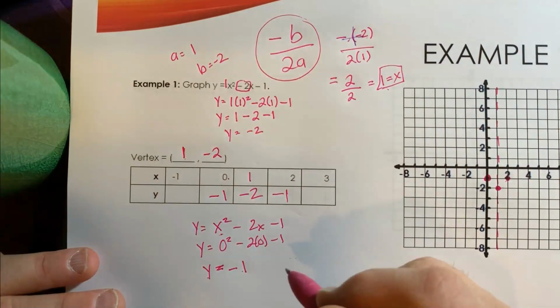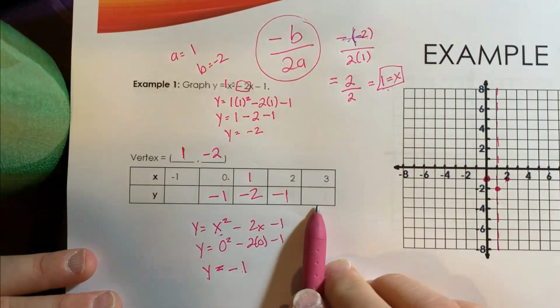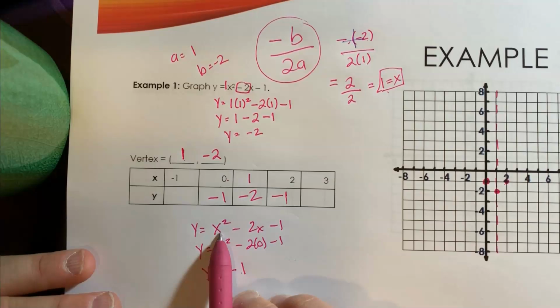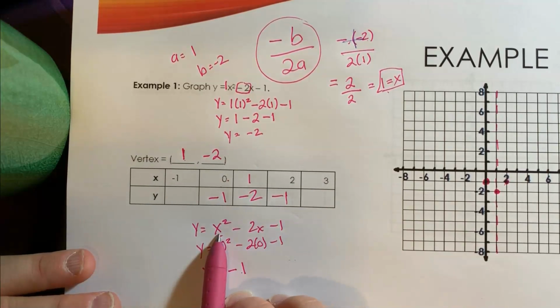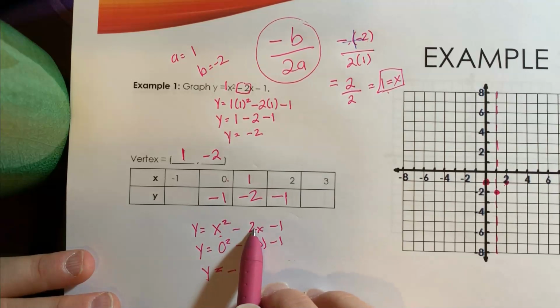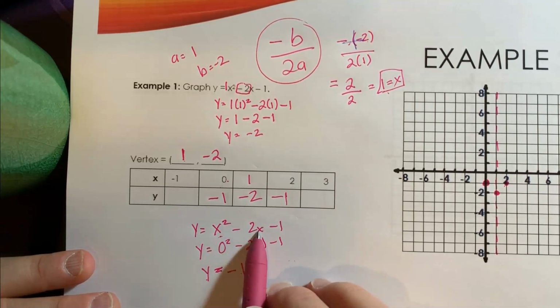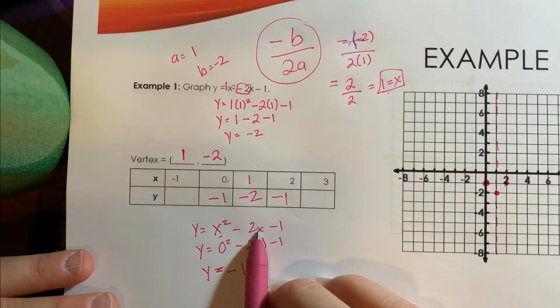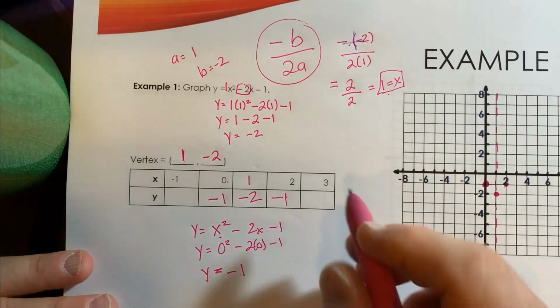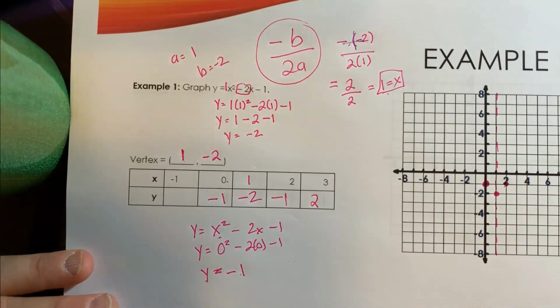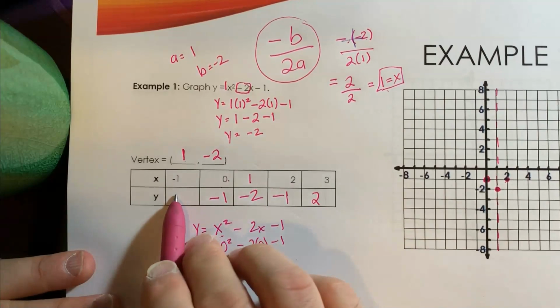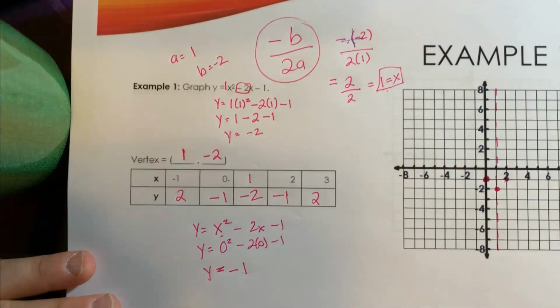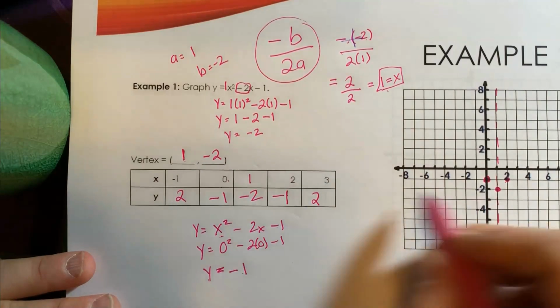Let's go ahead and work our 3. If I plug a 3 in for x, it would be 3 times 3 is 9. 9 minus 2 times 3 is 6. 9 minus 6 is 3. And then 3 minus 1 would be 2. Over here, it's going to be symmetrical, so I can just go ahead and write a 2 in there.